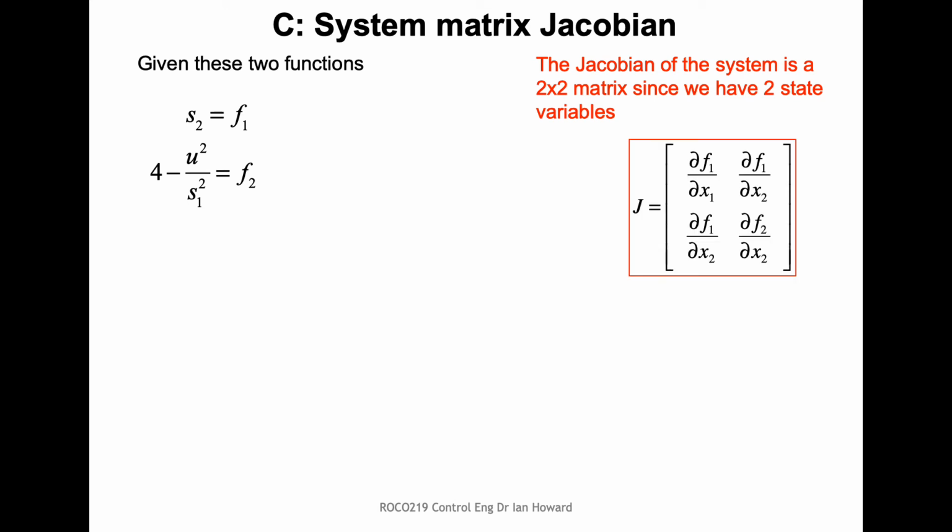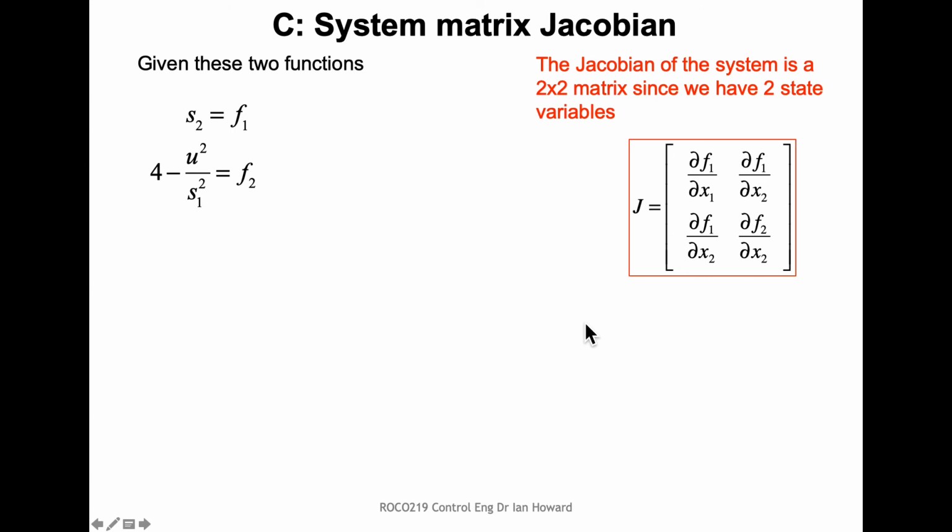So the Jacobian of this system, we've got two functions, so we're going to have two rows, and we've got two state variables, S1 and S2. The general form of the Jacobian, if we were talking in terms of F1 and X, would be the first term delta F1 delta X1, the second term at the top delta F1 delta X2, and so on. In fact, that should be a 2 down there.